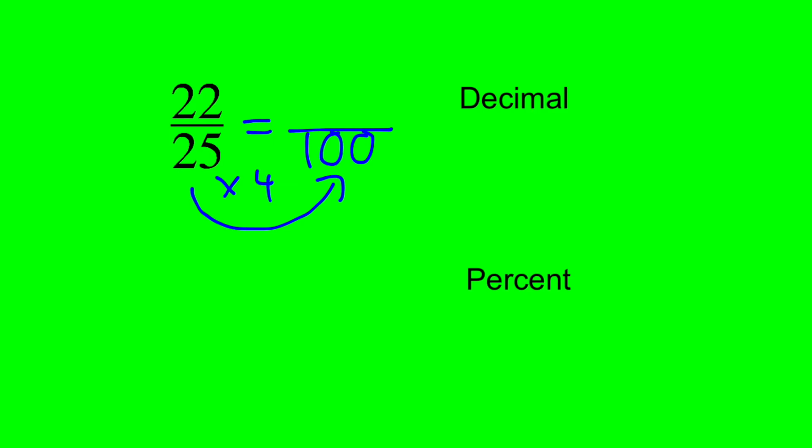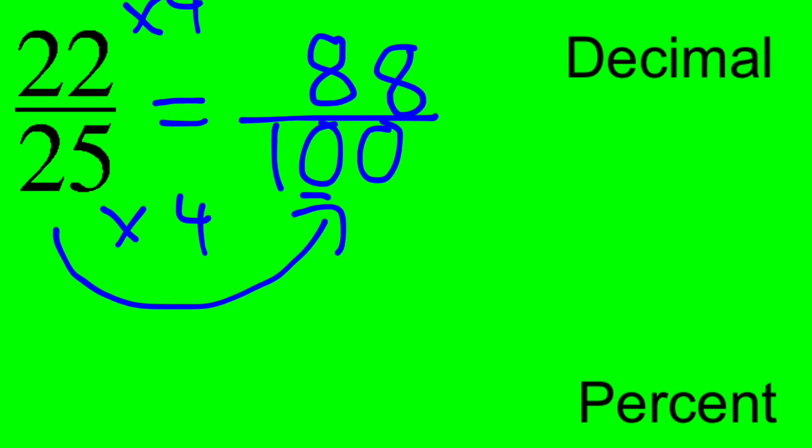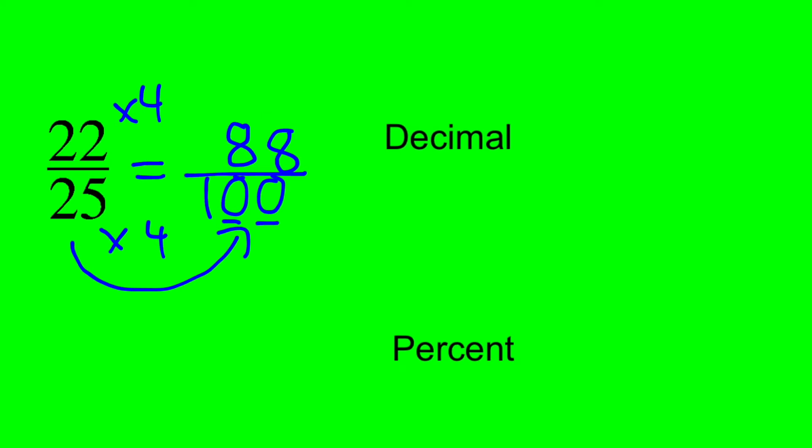And since we're making an equivalent fraction, we do the same thing to the top. 22 times 4. Well, that's 88. Now we can make the decimal, 2 zeros on 100. That gives us tenths, hundredths. 88 hundredths. And 88 out of 100 means 88%.